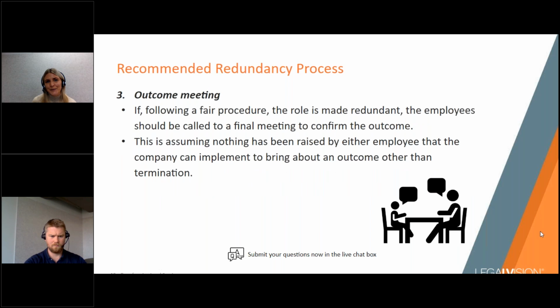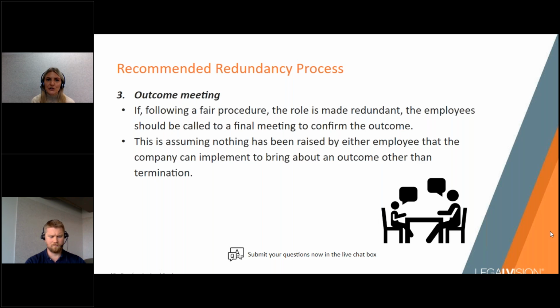Now, the next step in the process is to hold that formal consultation meeting with the affected employees. And to be honest, if you take anything away from today's webinar, this really is the most critical step of the whole redundancy process, and it's often where a lot of employers will go wrong. The main purpose of this consultation meeting is to give your employees the opportunity to ask any questions they might have relating to the redundancy process, such as how the selection for redundancy is going to work.